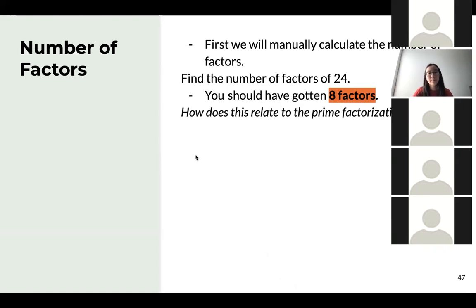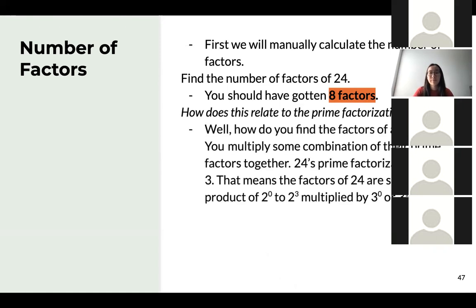So how does this relate to prime factorization? Well, how do you find the factors of a number? When you're finding the factors of a number, you're multiplying some combination of the prime factors together. 24's prime factorization is 2 cubed times 3.